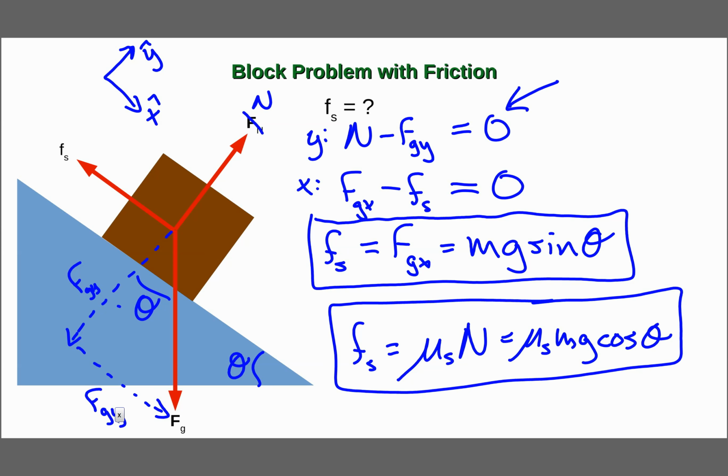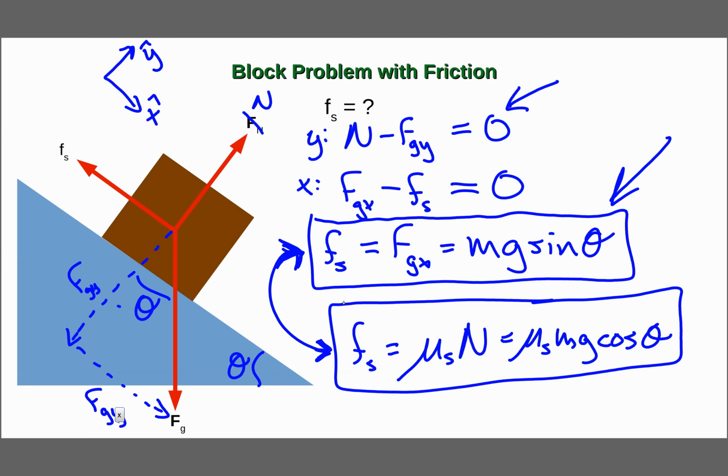And we can compare that to this. So if we have an object sitting on a hill, we can solve for the force of static friction that we know will be on the object based on the object's mass, and we can compare it to the maximum force that static friction could apply.